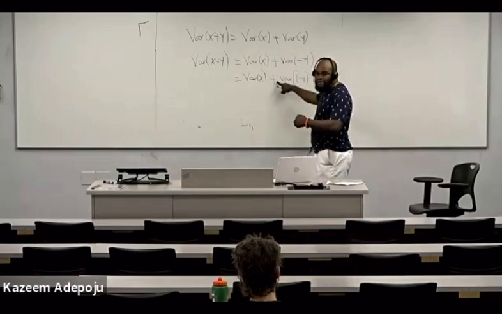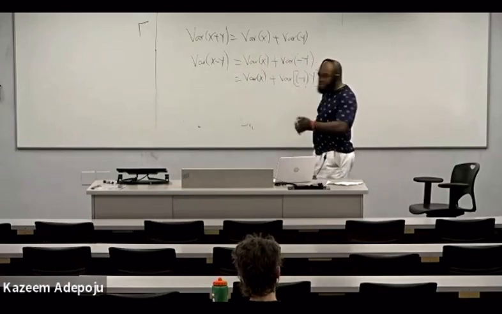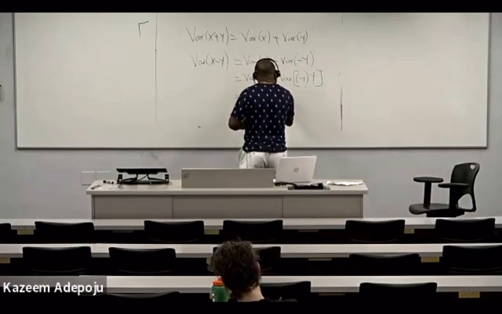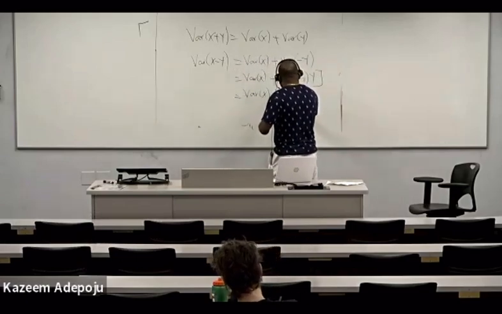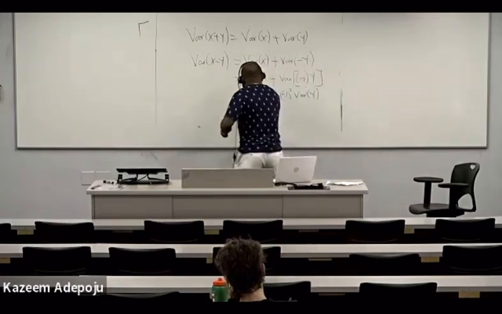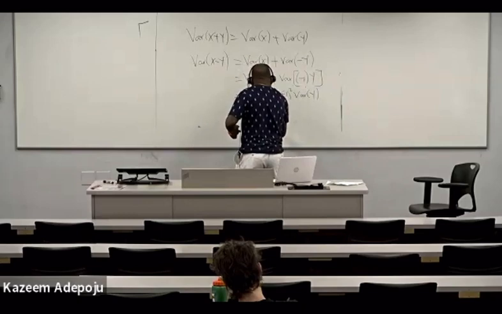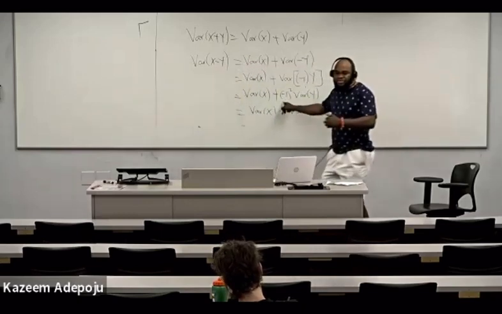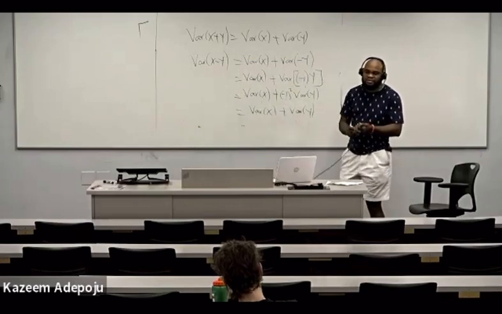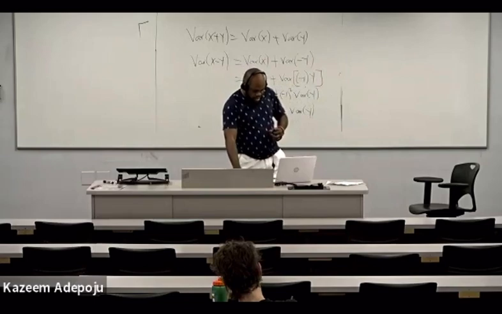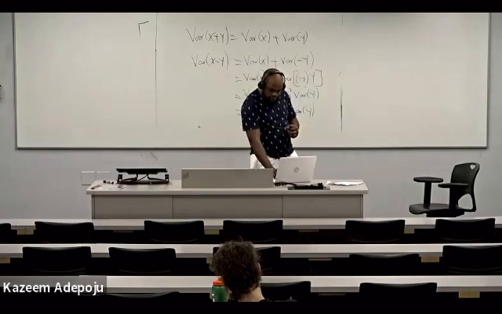It's going to come out and become a square. So I'm going to have the variance of x plus negative 1 squared times the variance of y, and finally I'm going to have the variance of x plus the variance of y, because negative 1 squared is just a positive. Does that make sense? Okay, now that's all we have.